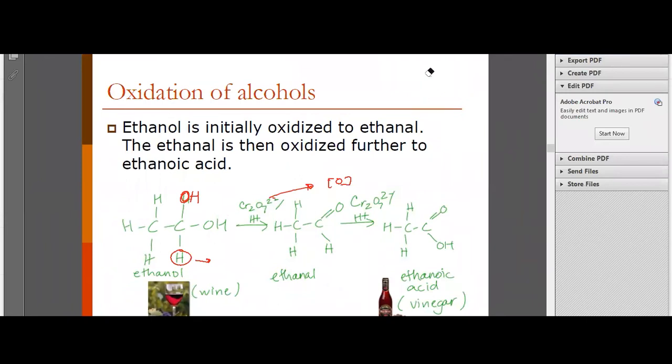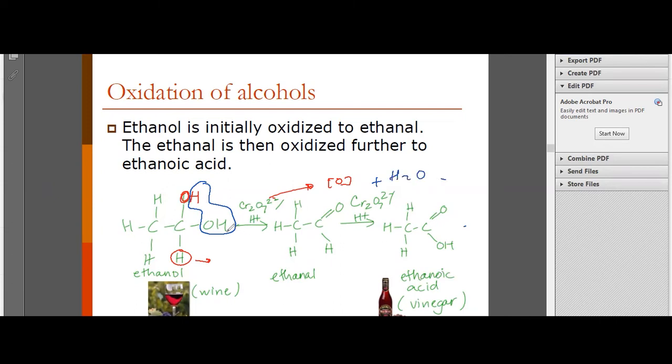Condensation reactions will occur. To remove the water molecule, we take one H from one OH, and the other OH will be removed. You can see that water is released here.